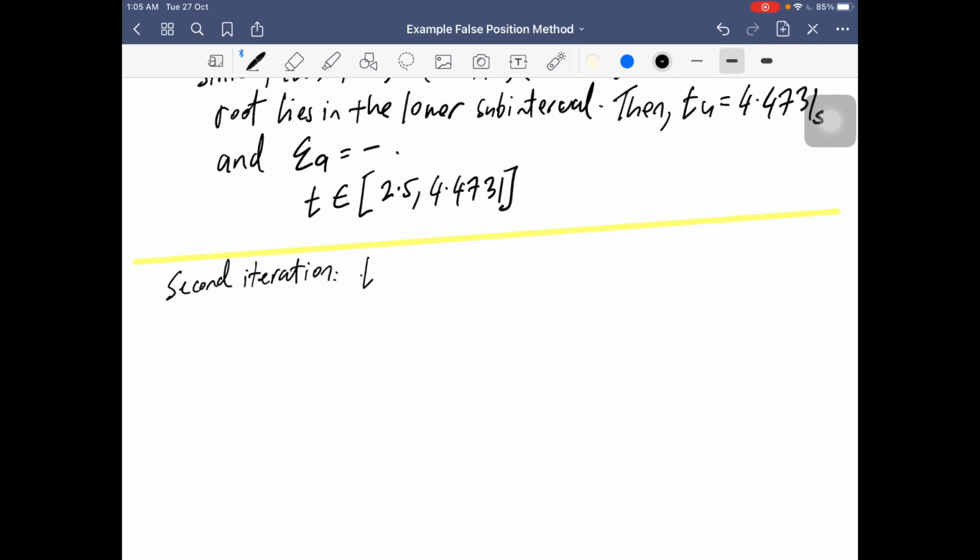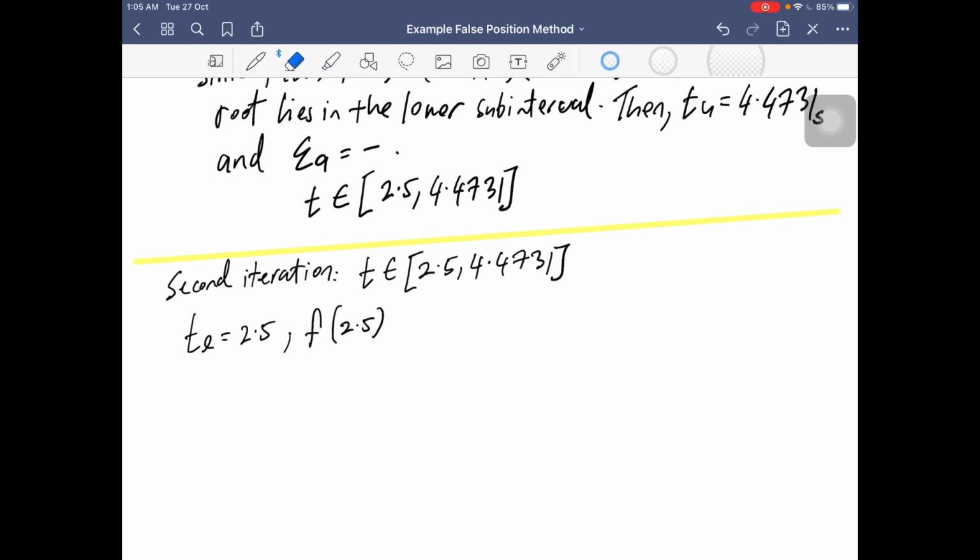By using the value of T now bounded by this interval, 2.5 and also 4.4731. Okay, so now our TL, T remains the same, and then F of 2.5, okay, right here FTL is equal to F of 2.5, which is equal to 3.3444.